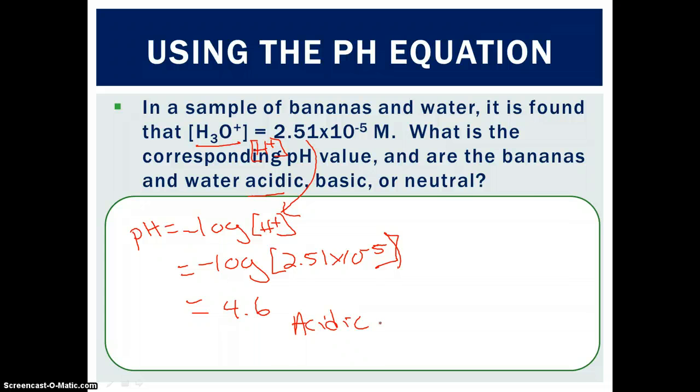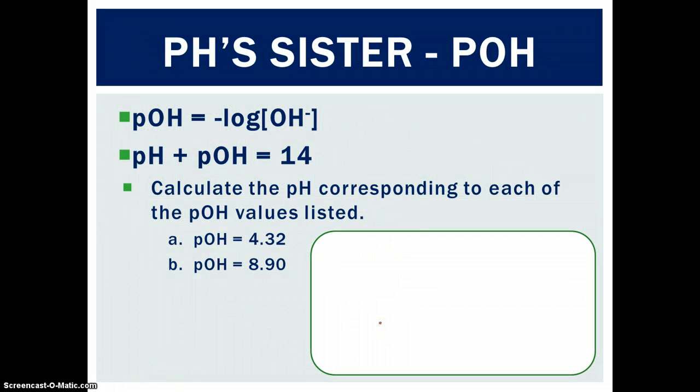There's one other little guy you need to learn about, and that's pH's little sister, pOH. In the same way we define pH as a minus log of the hydrogen ion concentration, we can define pOH as a minus log of the hydroxide ion concentration. Based on the Kw and what we know about the two concentrations, the log versions of the concentrations, the pH and the pOH, would add up to 14.